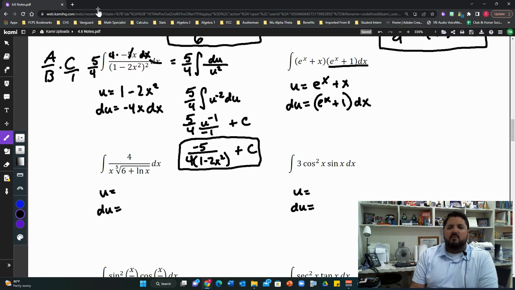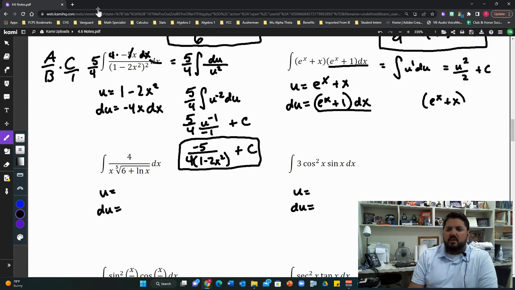So we have exactly what we need here for du. This one does not require us to rewrite it. I can jump right to substituting it, and it becomes u du, or remember that is u to the first power. So then the integral of u to the first would be u squared over 2 plus c, or in this case, we get e to the x plus x, quantity squared over 2, plus c.